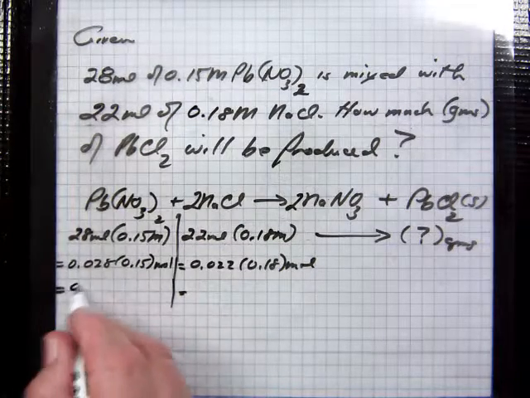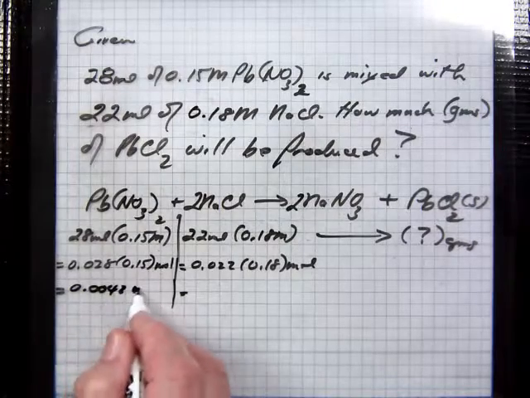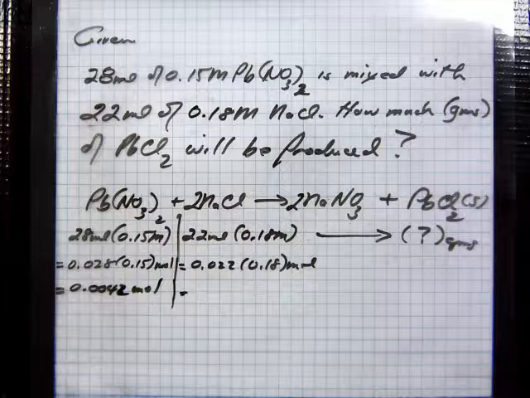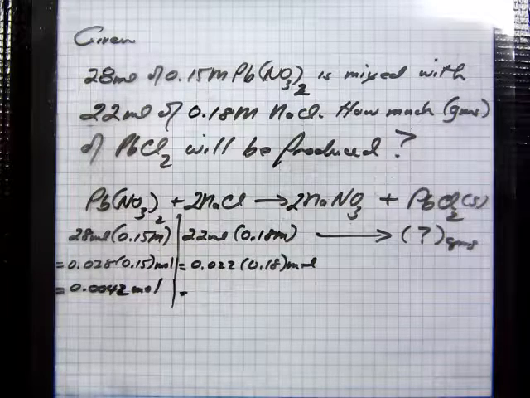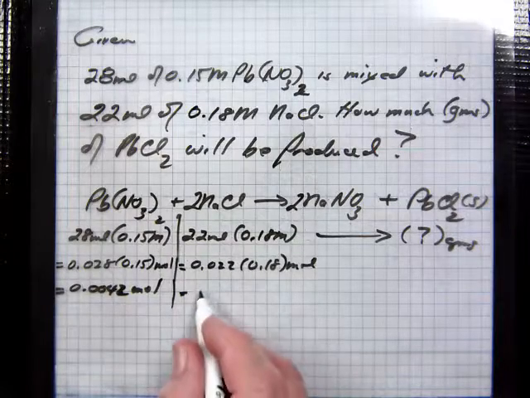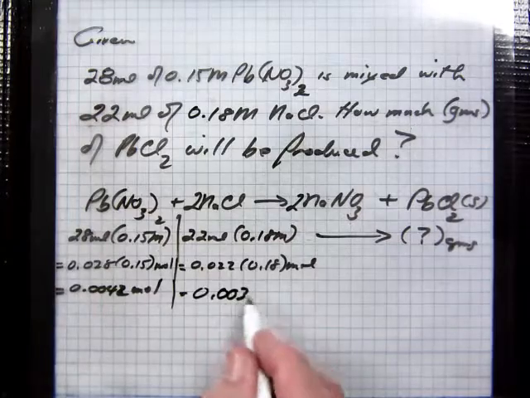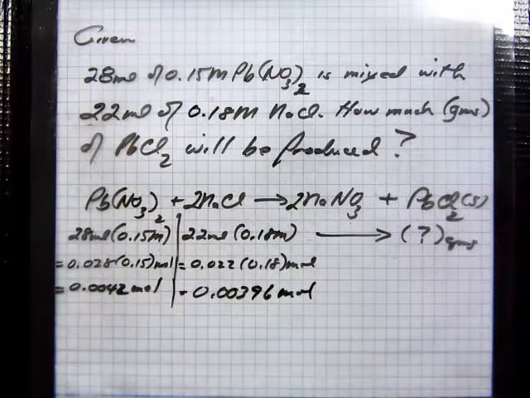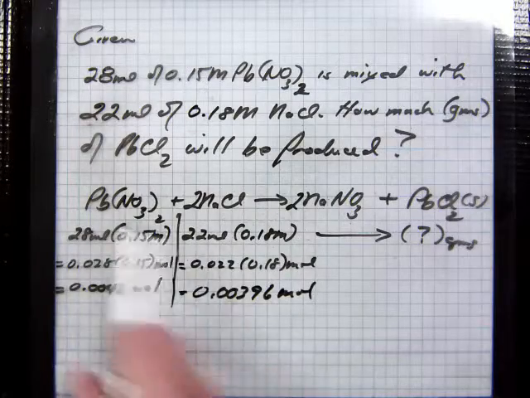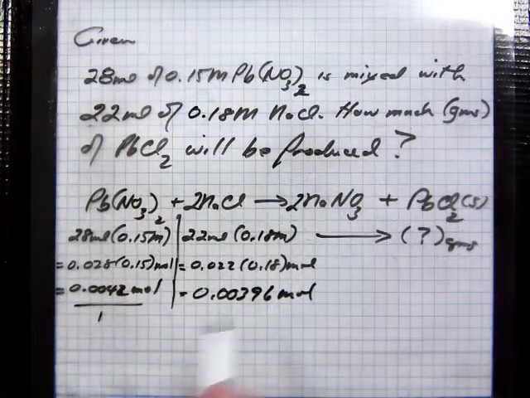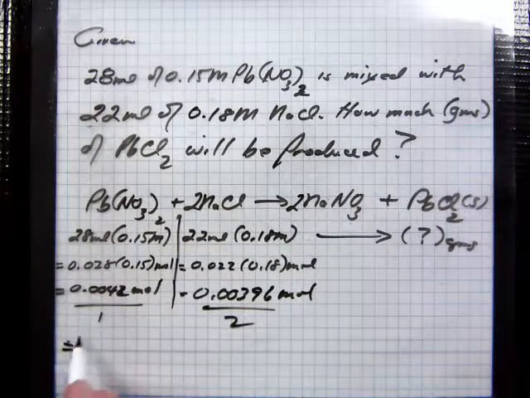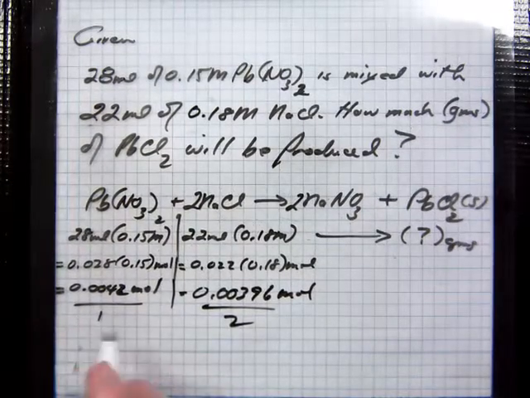This one is 0.0042 mole. This one is 0.00396 mole. Okay, so we have a 2 to 1 ratio. So I divide that by 1, that by 2. So our division gives us, well, do it this way.